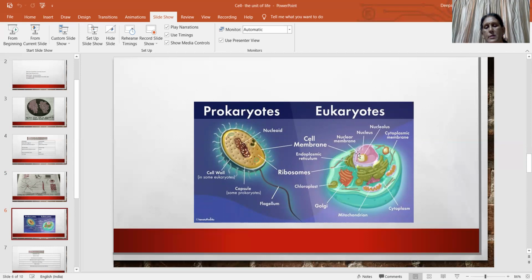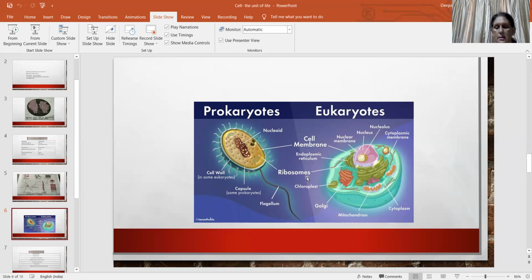So these are the definite structures found in a eukaryotic nucleus, but not in the prokaryotic nucleus. To differentiate prokaryotes and eukaryotes, the first important point is that a well-defined nucleus is absent in prokaryotes and present in eukaryotes.